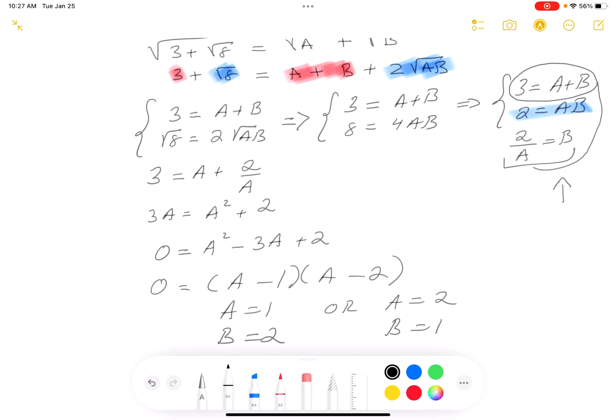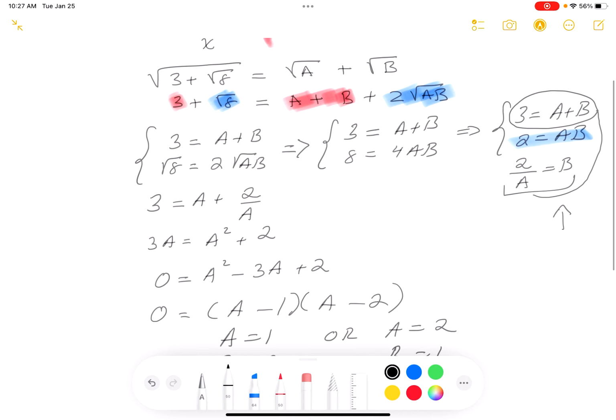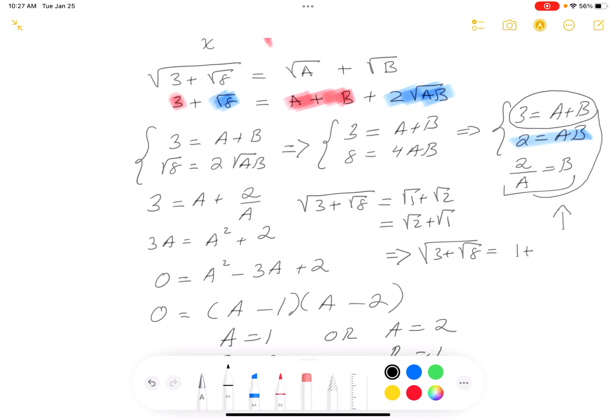I know that the square root of 3 plus root 8 is the same thing as root 1 plus root 2, or if you prefer, root 2 plus root 1. So root 3 plus root 8 is the same thing as 1 plus root 2. Now that's remarkable, and I'll tell you why it's remarkable. It looked really complicated, but it turns out to be pretty simple, all right?